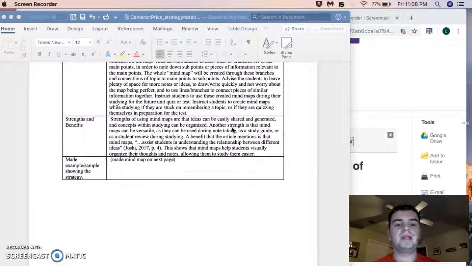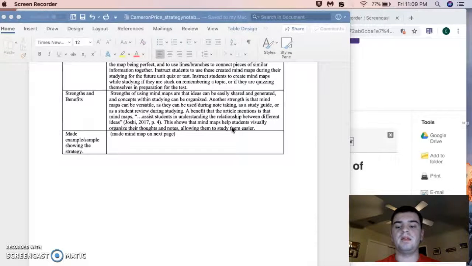And then tell them that if they can't remember something during studying, they can look at the mind map. Or if they're trying to quiz themselves, if they think they have the information down but want to see, they can draw a completely blank mind map and then try to fill it in from the information they remember.